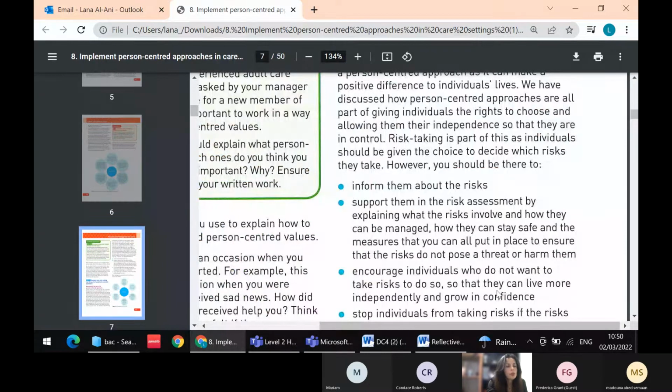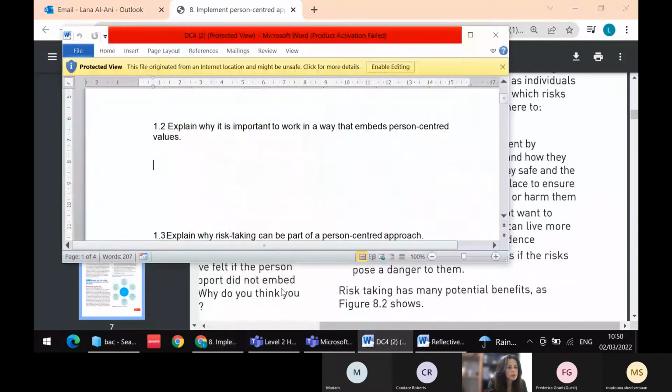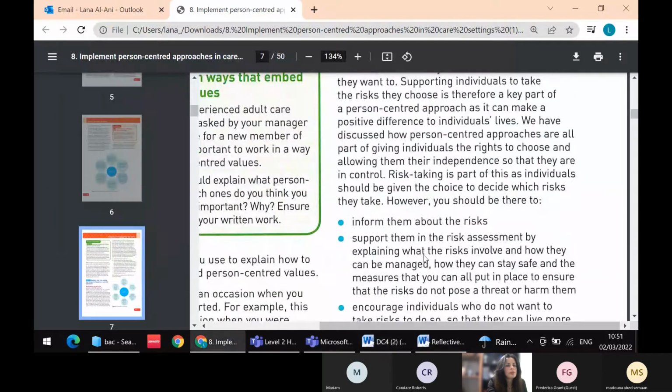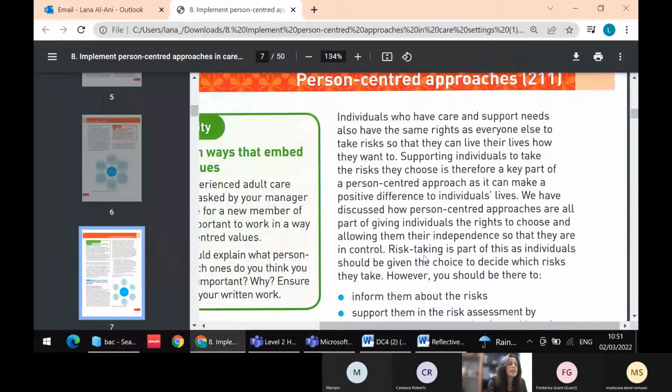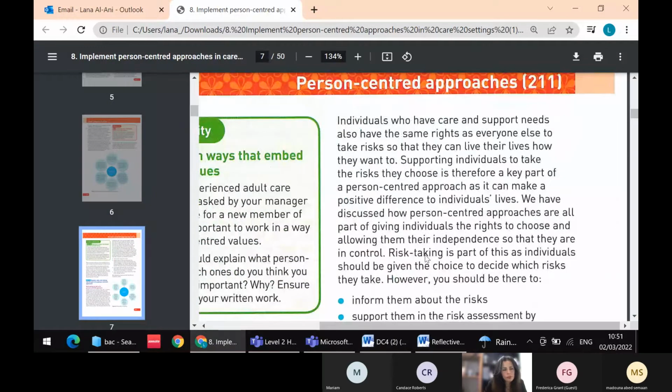So what would you do when there is a risk involved? You have to discuss it with the client. You have to inform them that there is a risk involved. Let us go back to crossing the street with an elderly person.